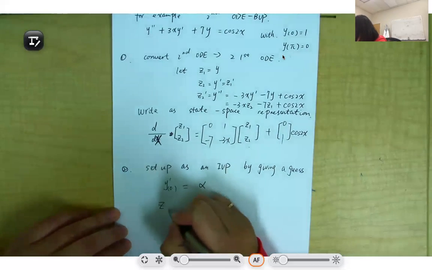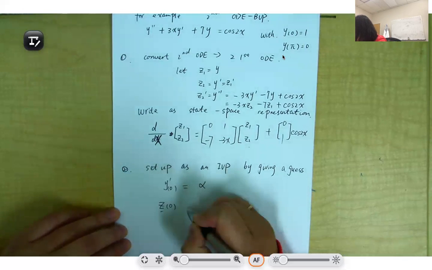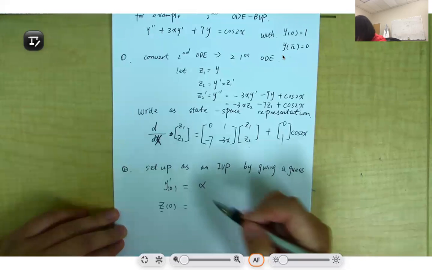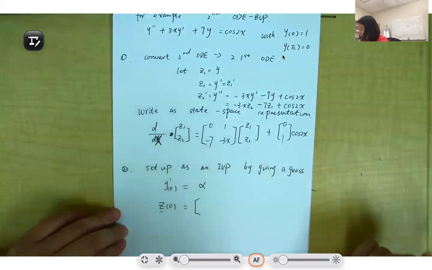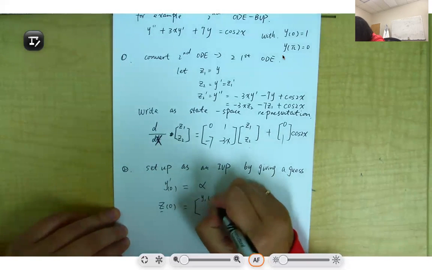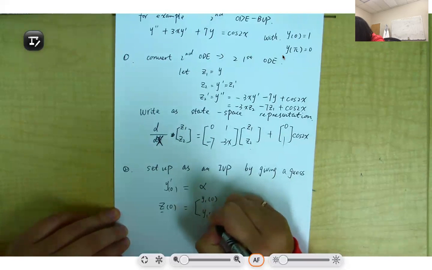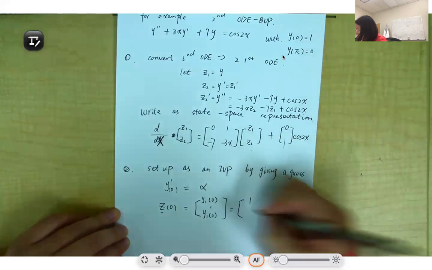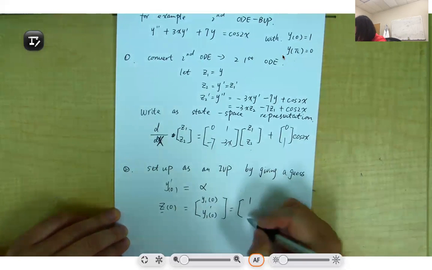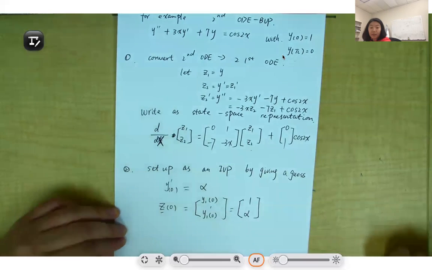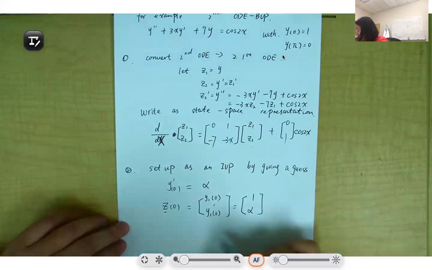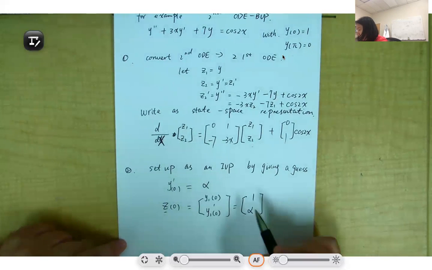Then z(0) will be y1(0) and y1 prime (0). We already know y1(0) is 1, and y prime will be alpha, that is our missing condition. We are giving the guess, so we have these initial values.